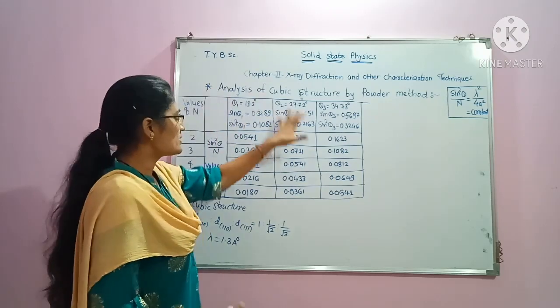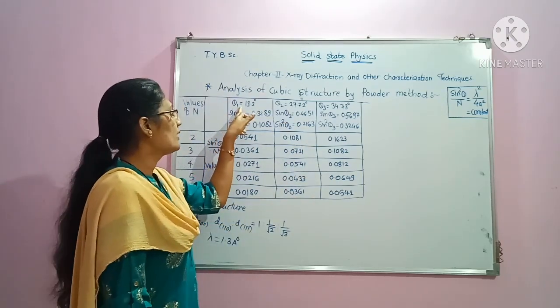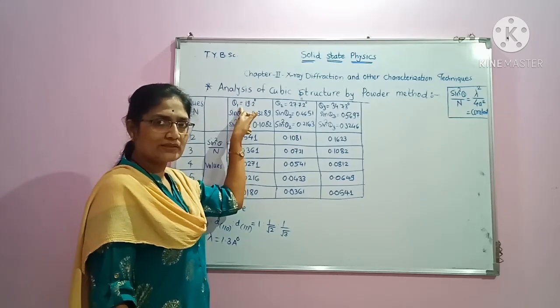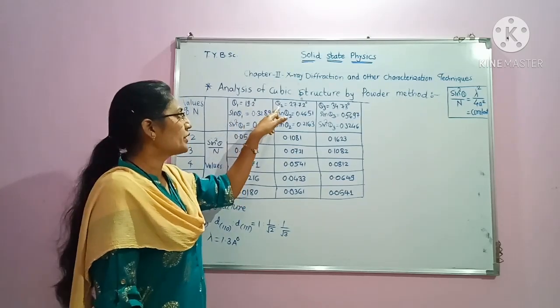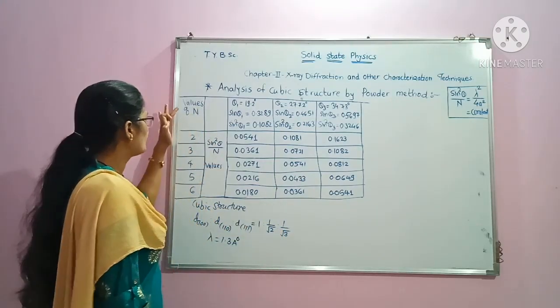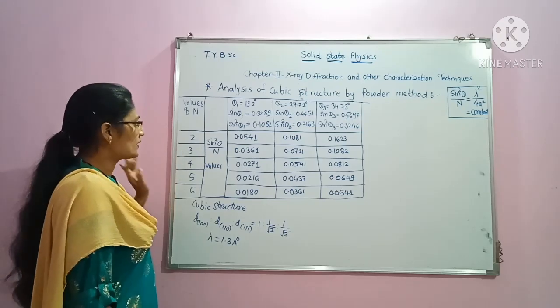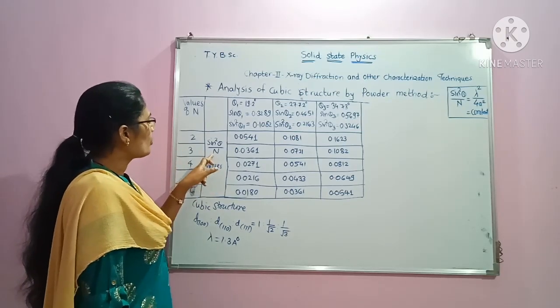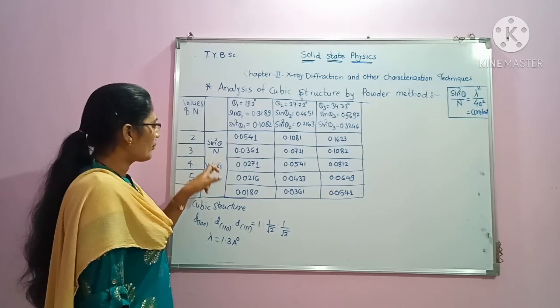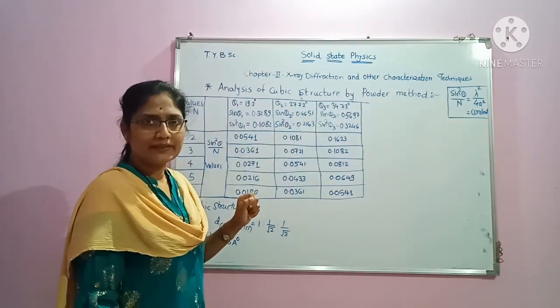Now here is the table which represents the values of maxima, that is theta 1 where Bragg's condition gets fulfilled, theta 2 and theta 3. We have the values of n as 2, 3, 4, 5, 6, and we have to obtain the sin square theta upon n values for these theta 1, theta 2 and theta 3.